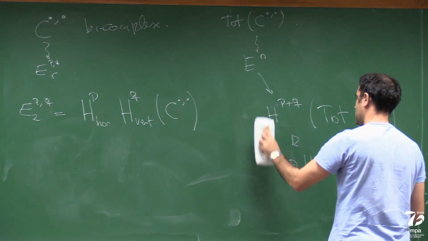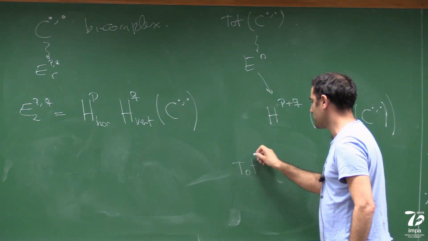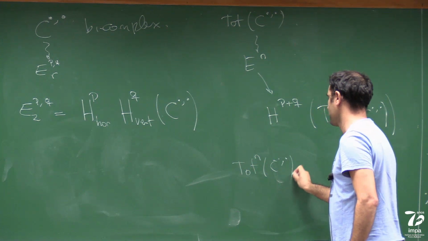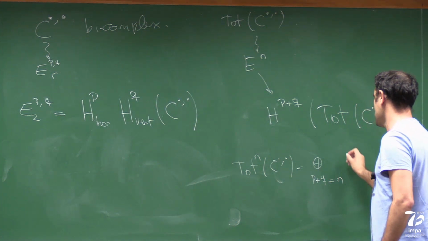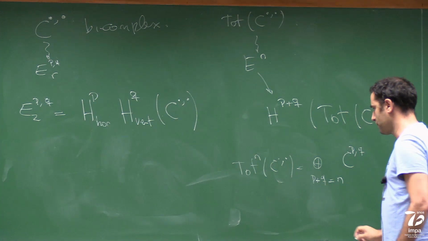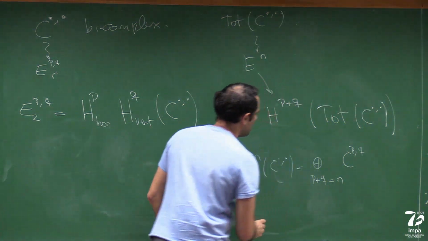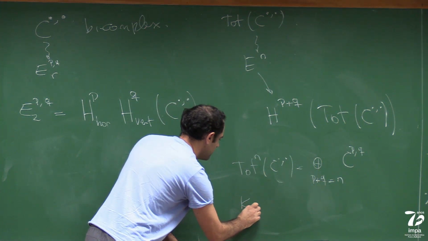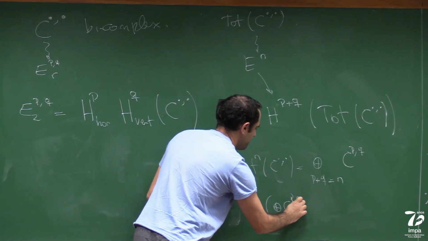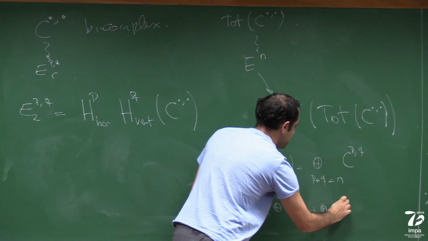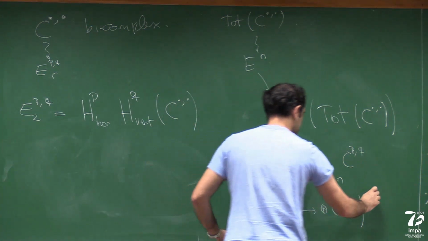Now, this is stupid. Let's first recall that C^N of this C dot dot is the direct sum over P plus Q equal to n of C_PQ. Therefore, this H_{P plus Q} is the kernel of that differential that goes from C_PQ to the sum of C_{P plus 1, Q}, modulo the image.